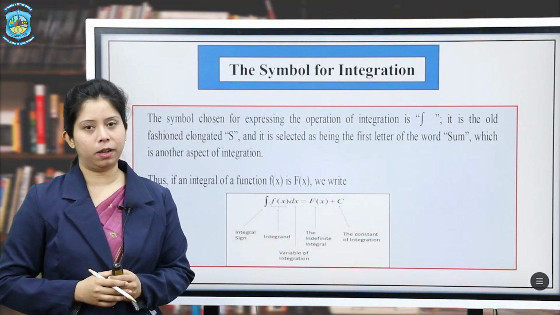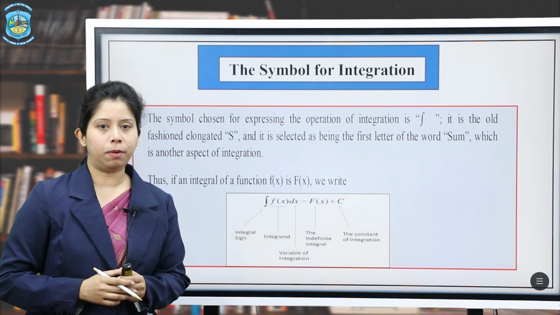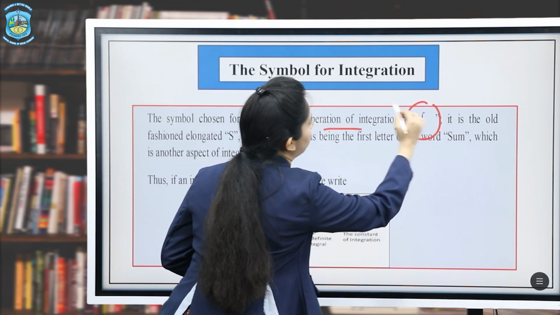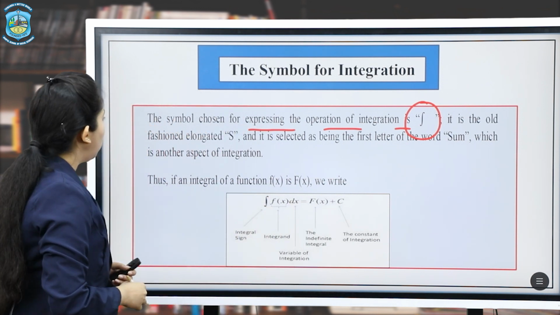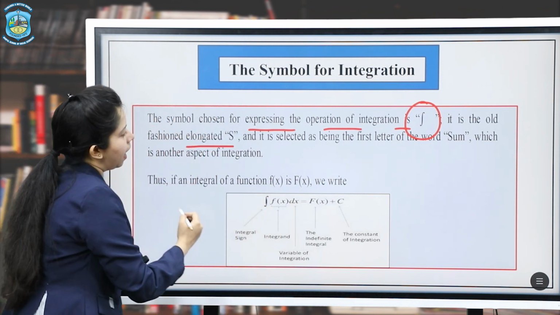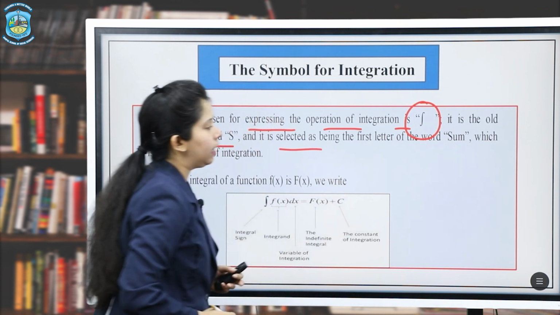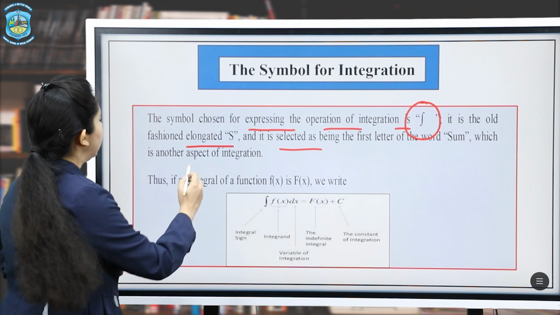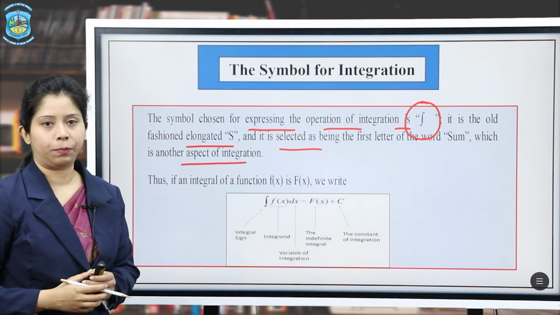Next is the symbol for integration. The symbol chosen for expressing the operation of integration is this, the old-fashioned elongated S, selected as being the first letter of the word sum, which is another aspect of integration.